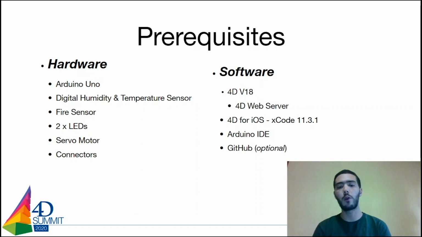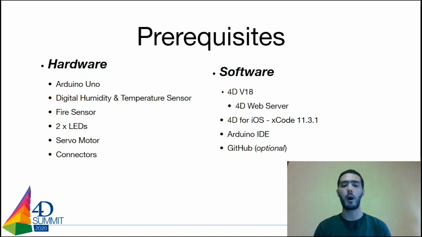Of course, we will need to interconnect all these electronic components with the help of wired connectors. In terms of software, the version of 4D we'll be using is 4D v18, in addition to its integrated 4D web server. For the development and design of our iOS application, we'll be using the 4D for iOS technology, which itself requires an Xcode version greater than 11.3.1.